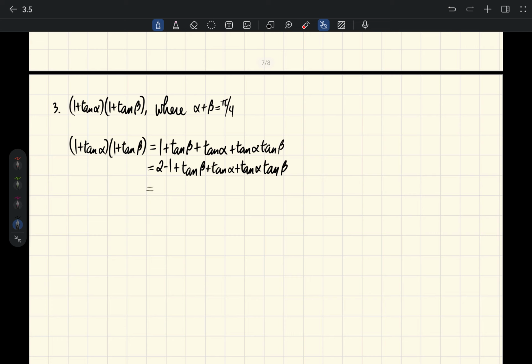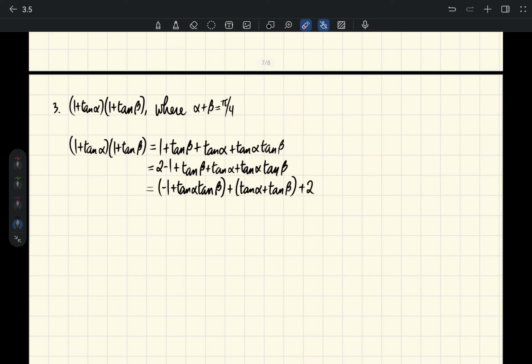Then from here, maybe we can group some terms. Maybe we can group -1 and tangent alpha tangent beta. So we have here -1 plus tangent alpha tangent beta. The next, maybe we can group these two right here. So plus tangent alpha plus tangent beta. Then outside, we retain 2.